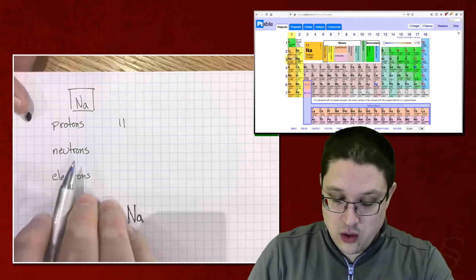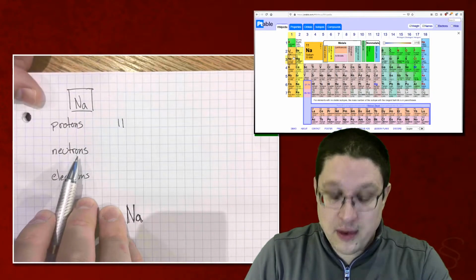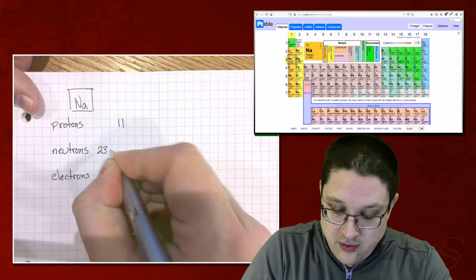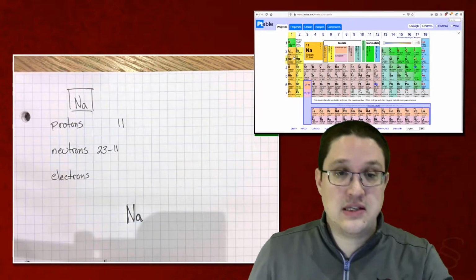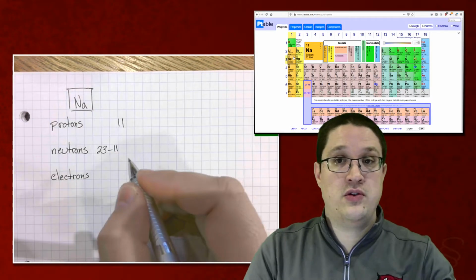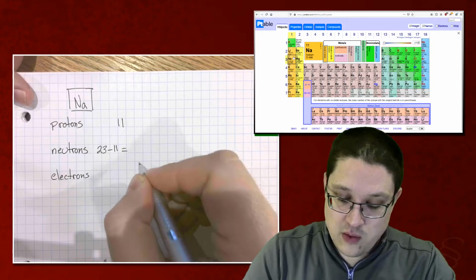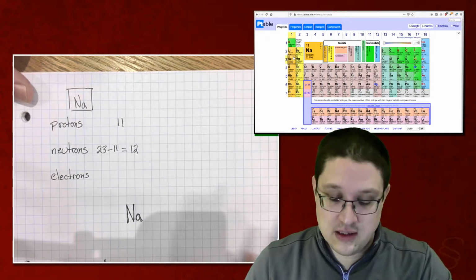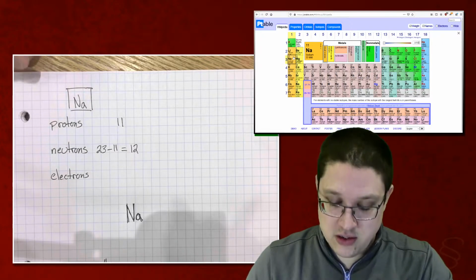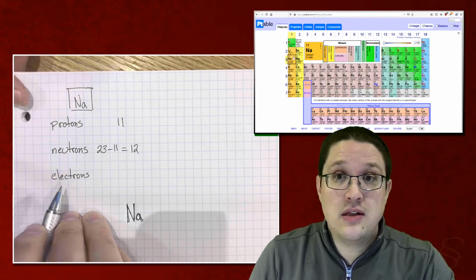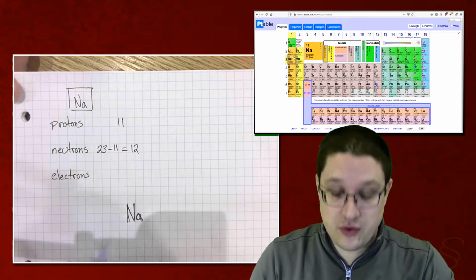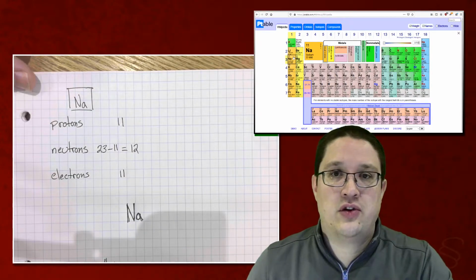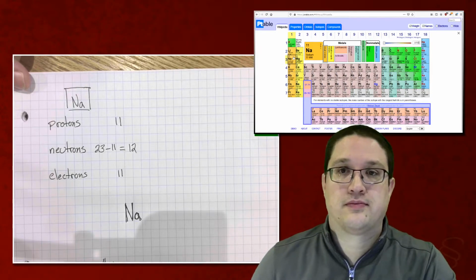I also know that my atomic mass is 22.99 or 23, but I have to subtract the atomic number to find the number of neutrons. So I have 23 minus 11, which means I have 12 neutrons in my standard sodium. Electrons, because this is a neutrally charged atom, I have 11 electrons, the same number as the number of protons.